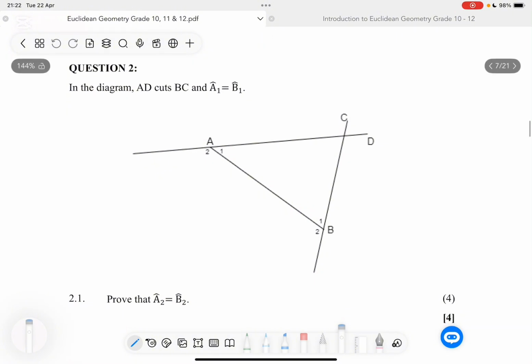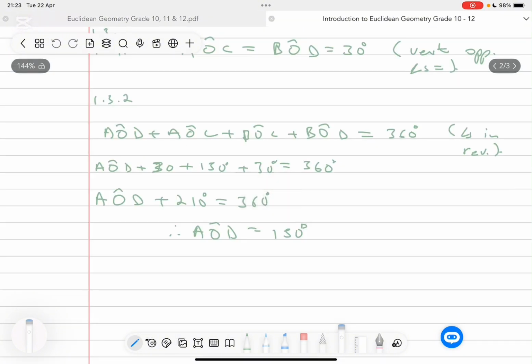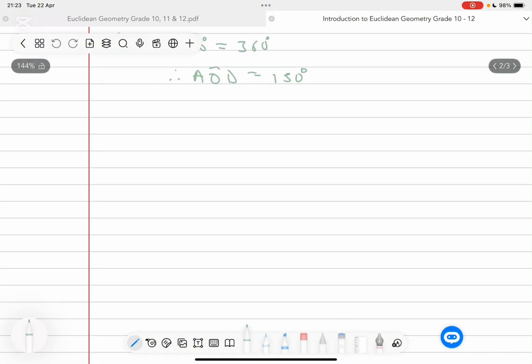Then the question goes to 2.1 to say to us: prove that angle A2 is equal to angle B2. So now we want to prove that this angle here and this angle here are actually the same. Usually, to tackle this type of problem, it is wise to begin by writing what you are given.